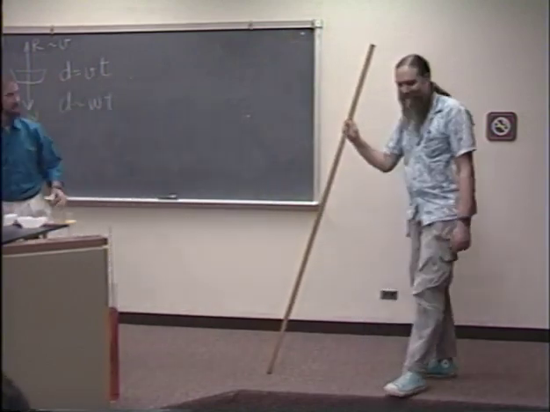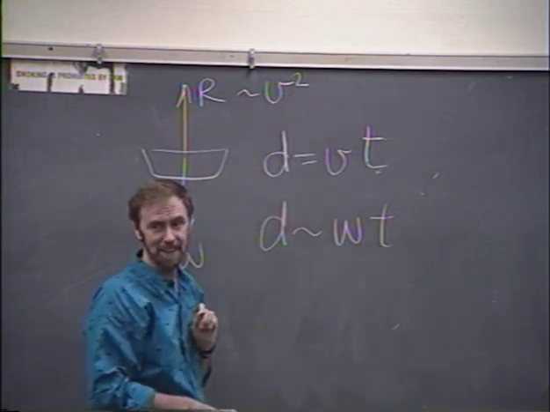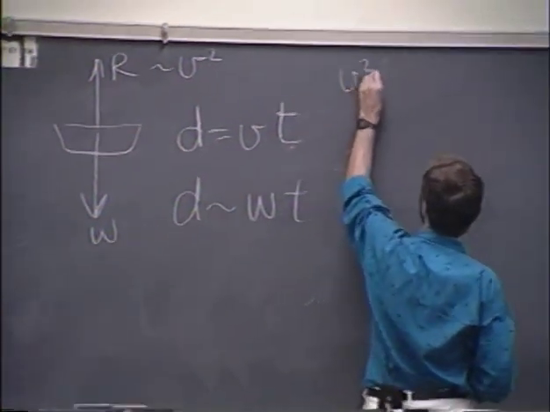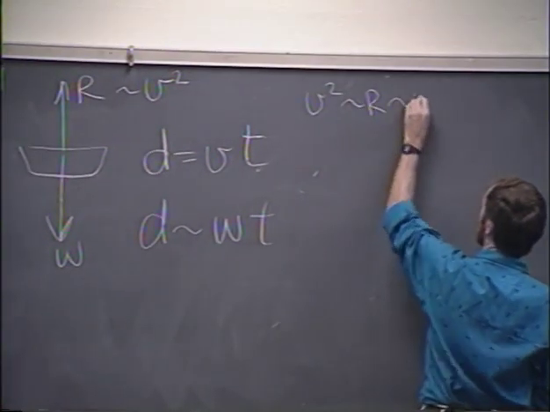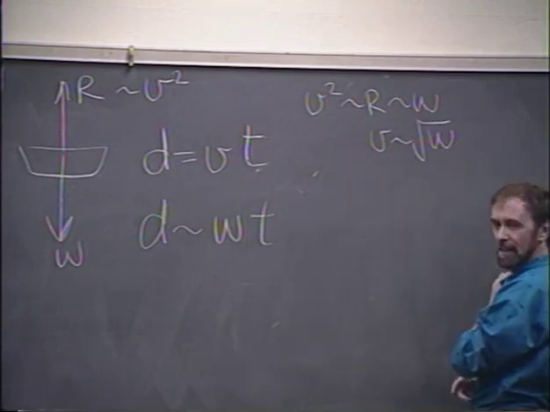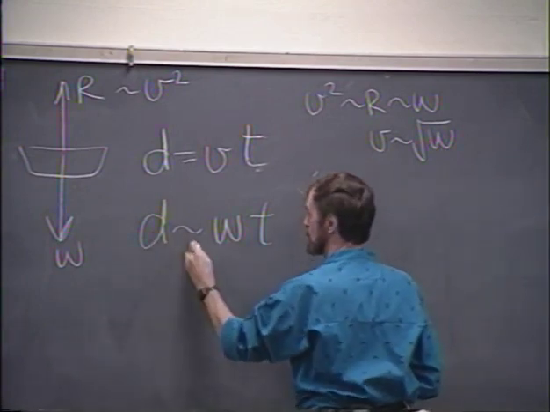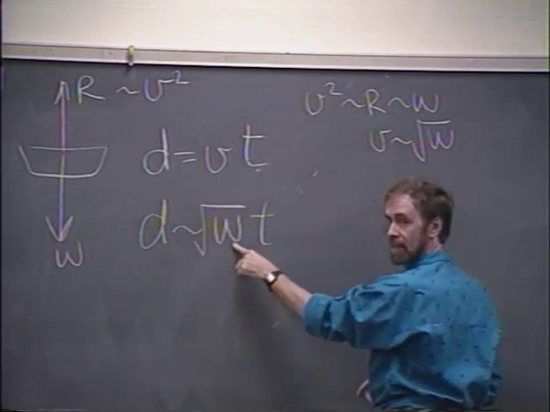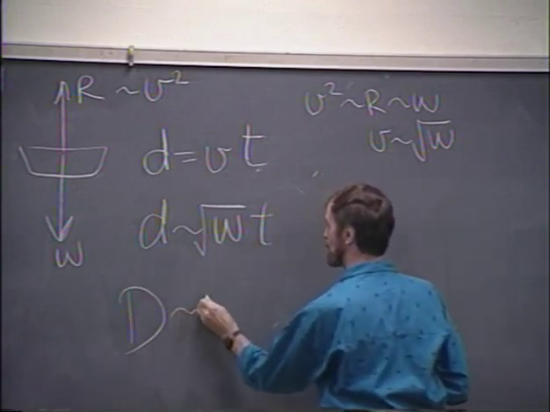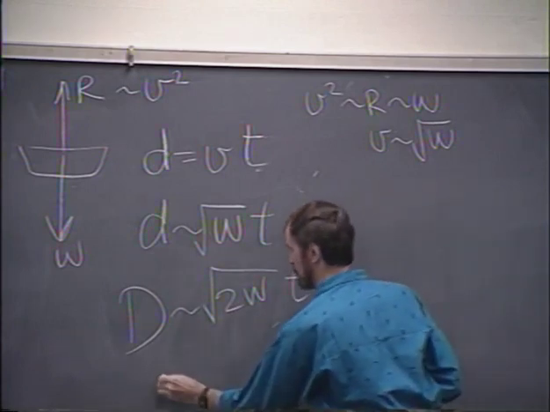But let's suppose the resistance is proportional to the velocity squared. Stay right there, Ted. If velocity squared is proportional to resistance, which is proportional to weight, that means the velocity would be proportional to the square root of the weight. Can you see that? If that's true, then the distance something falls would be proportional to the square root of the weight times the time.